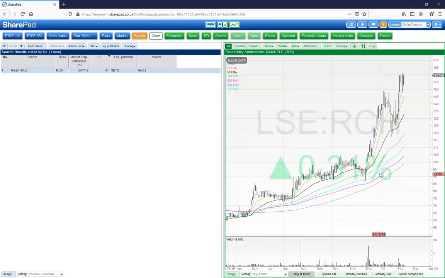But I wouldn't really want to be in this stock if it traded below the 200 moving average, and I would probably get out much sooner as well, because I'm sitting on a nice profit now and I just don't really want to give that up. So yeah, this isn't a recommendation to buy Reach. I do hold a long position in it, but I'm certainly not saying that other people should as well.